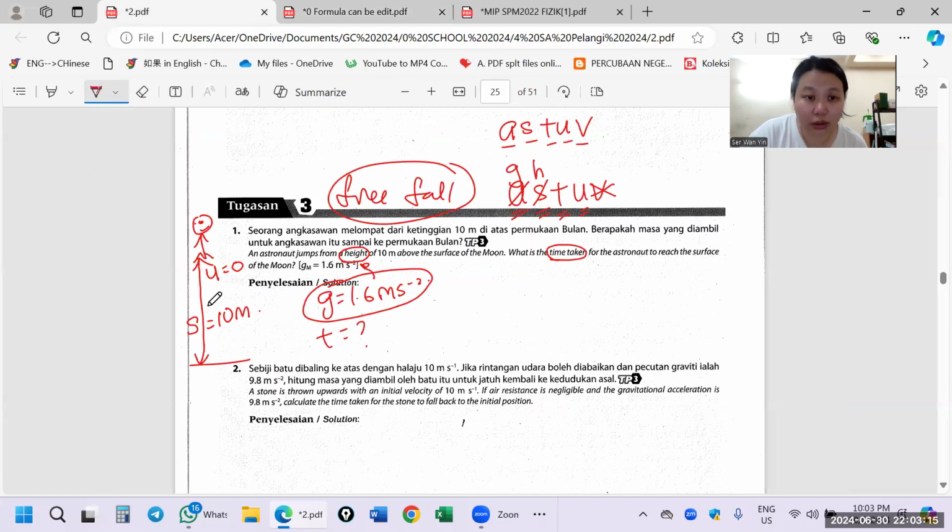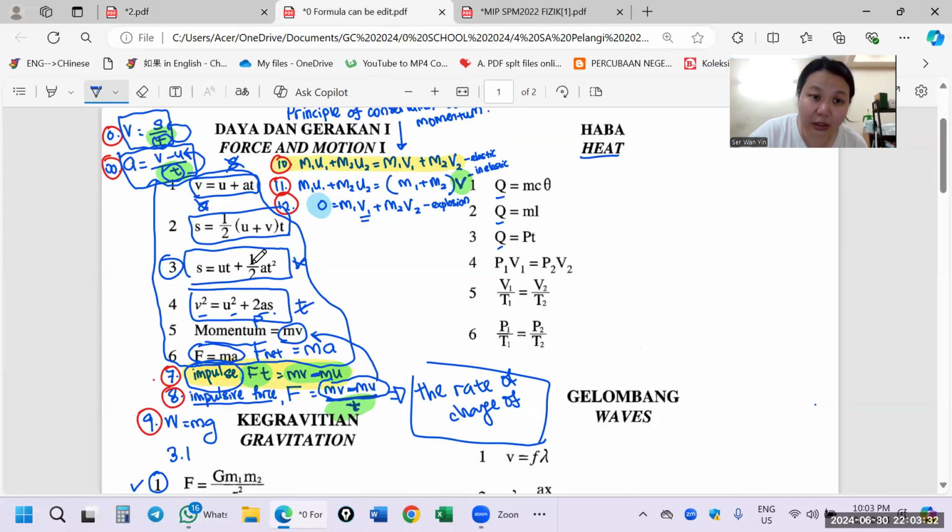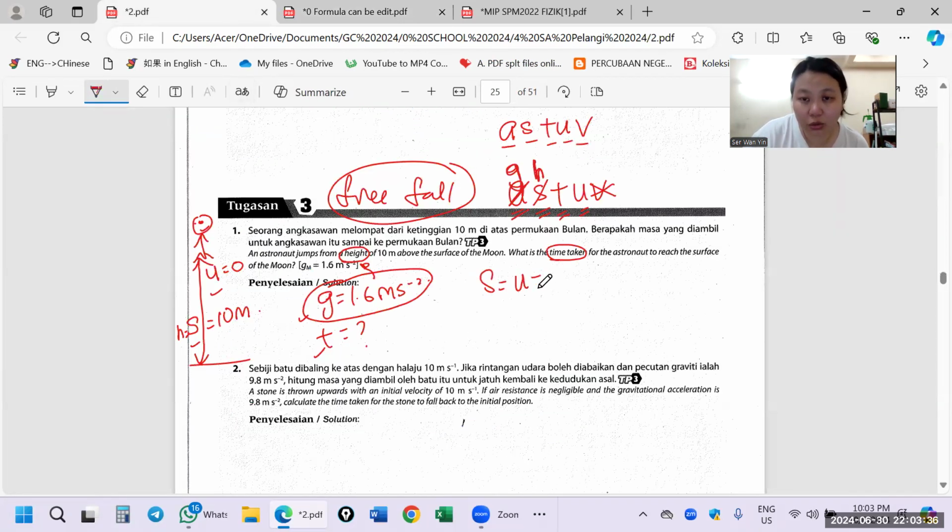We have S, U, T, G. Translate: A is actually g, S is actually h. So we have A, S, T, U. We copy number 3: S equals UT plus half AT squared.